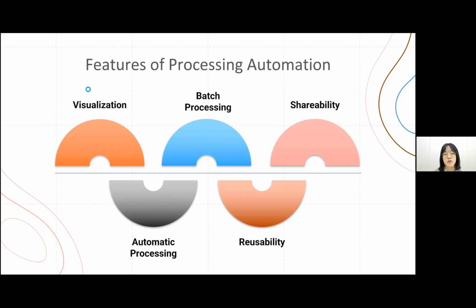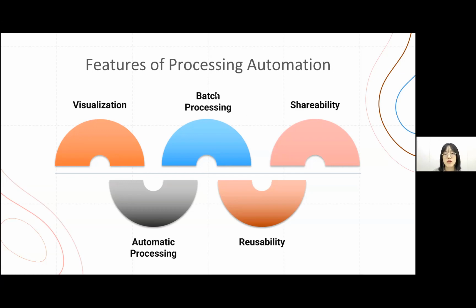You draw the processing automation model according to the workflow you designed, so that once you have created the model, it is actually a visualization of the whole procedure you are going to take in the project. Such visualization is much easier for others to understand.